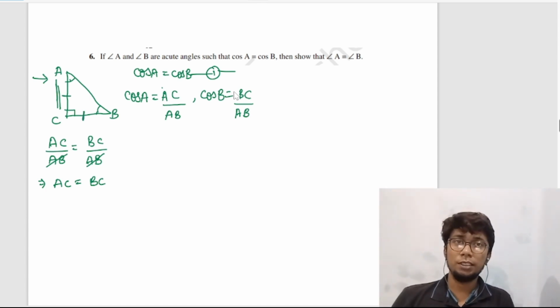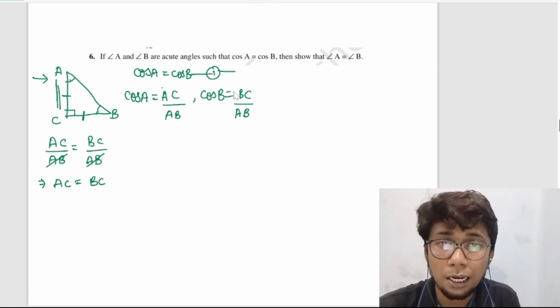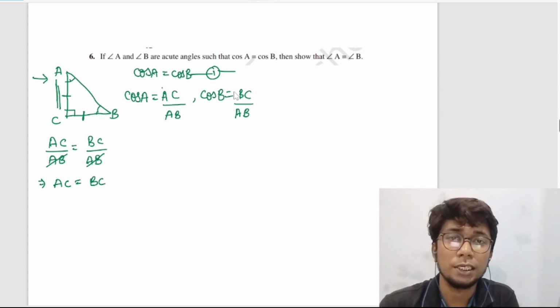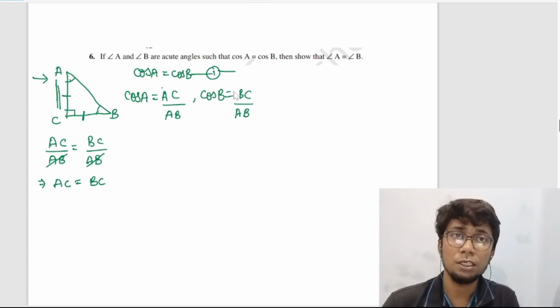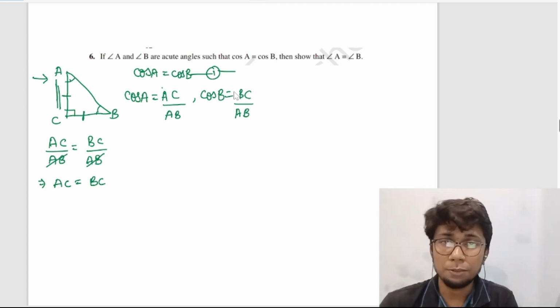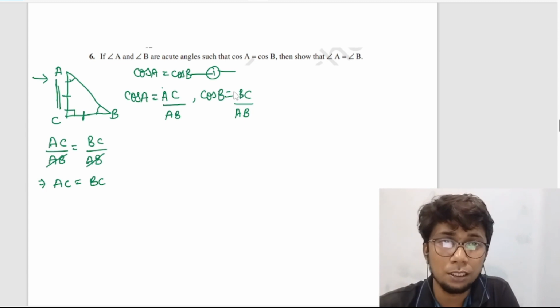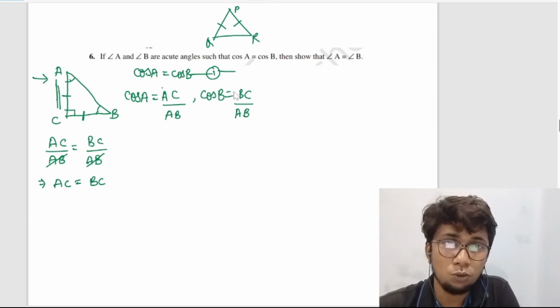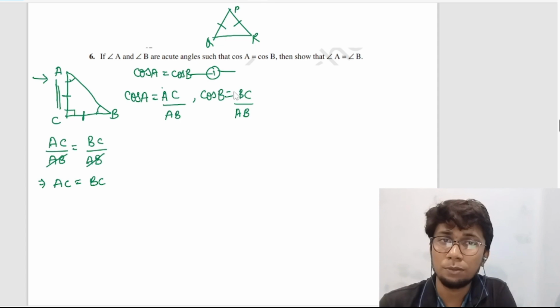So now we know that this AC is equal to this BC. And in geometry, in the triangles chapter, we have studied that angles opposite to equal sides are equal. That means if in a triangle, let's say PQR, these two sides are equal, then the angles opposite to them, that is this angle and this angle, will be equal.